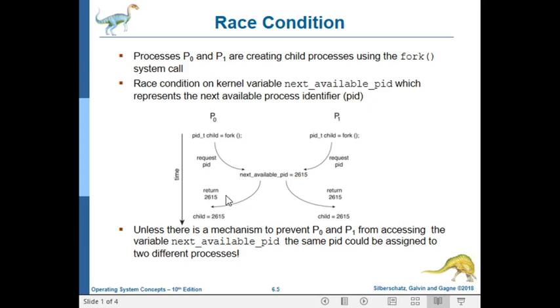So unless there is a mechanism to prevent P0 and P1 from accessing the variable next available PID, the same PID could be assigned to different processes. Thus, we have to implement the mechanism of mutual exclusion to guard against the race condition.